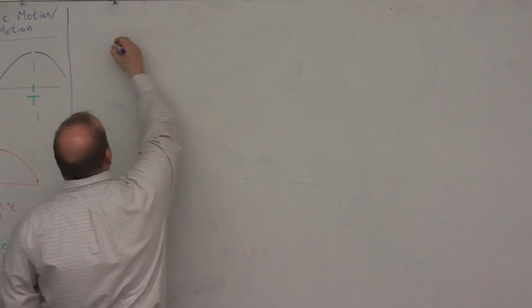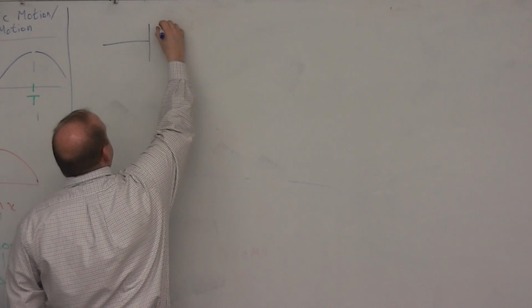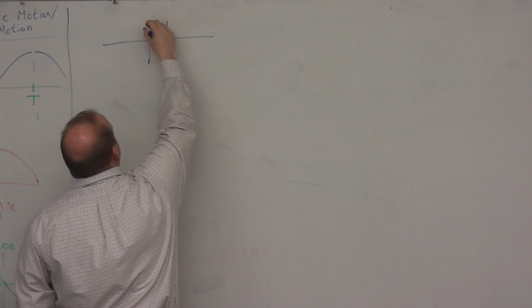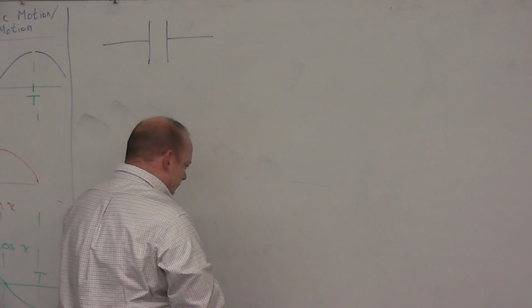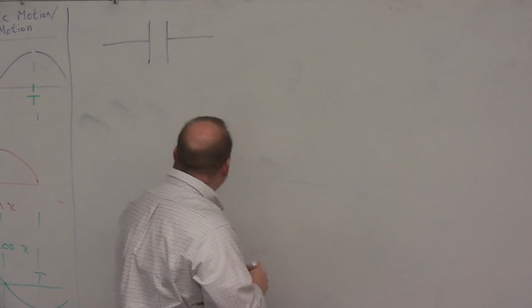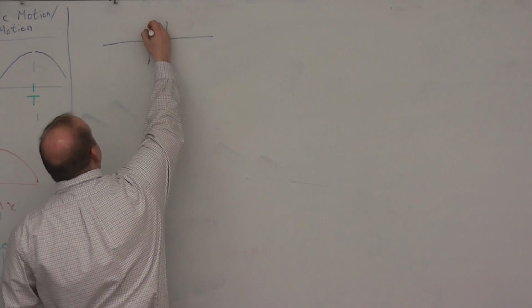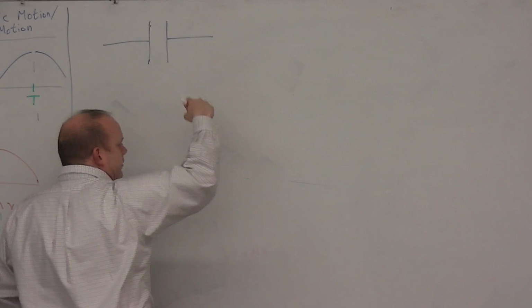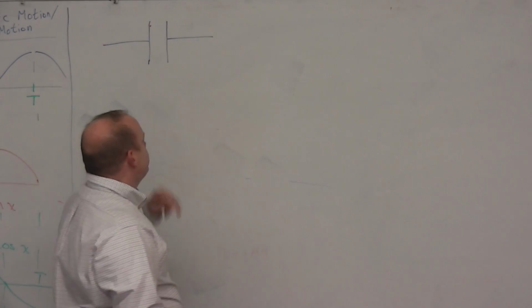All right, so now let's just say that I have two plates, separated by some distance, filled with air right now, and I take a little tiny charge right here. Now, there are electrons. Both plates are neutrally charged right now.